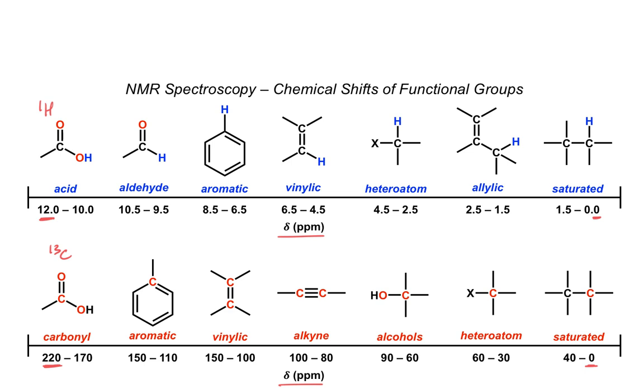So if we were to overlay a carbon NMR over that, you could start making these claims of, okay, it's this type of carbon in this functional group. If you don't see a signal in that region, you can eliminate that as a claim.